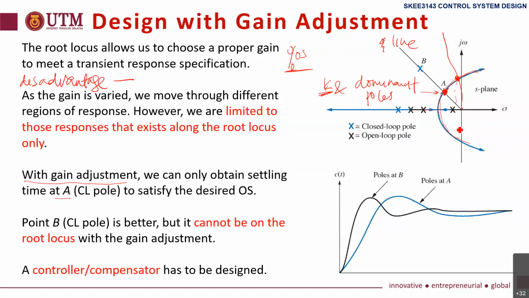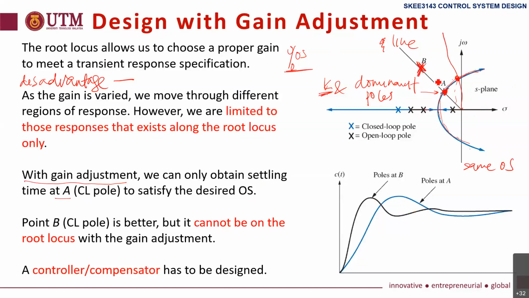Now imagine that I want my closed loop pole at B. I don't want A. You can see if I plot the response, B is better than A, although they have the same overshoot. Why the same overshoot?